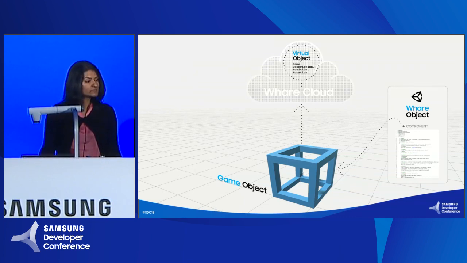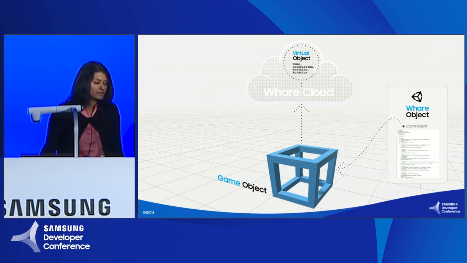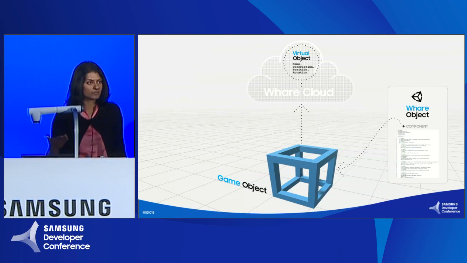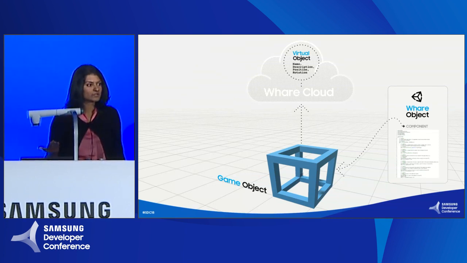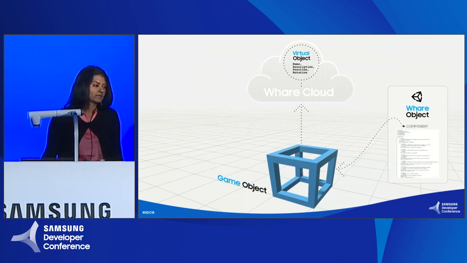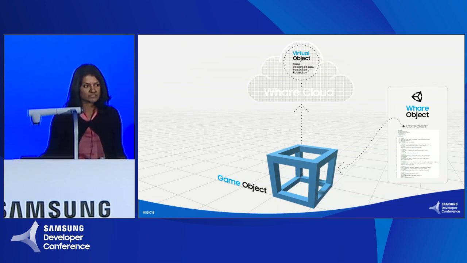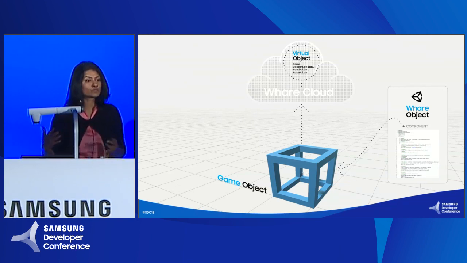And there is an associated virtual object that gets created in the Whare cloud that contains all the information that is going to be needed to restore the state of the game objects in the scene when you enter the virtual space, such as position, orientation, name, description, or any local information that you want to store in the cloud.